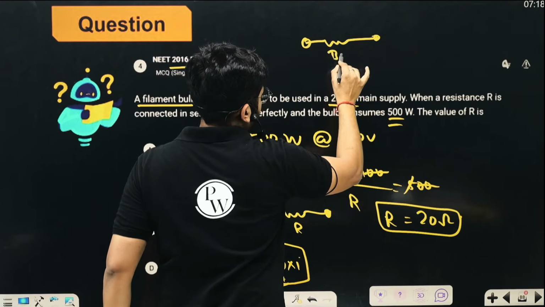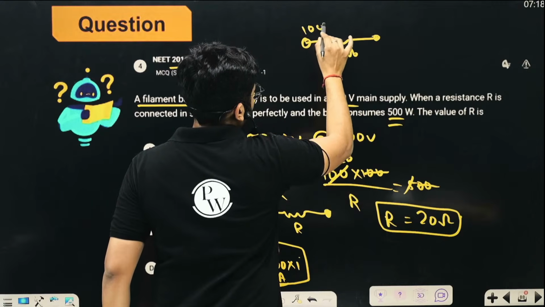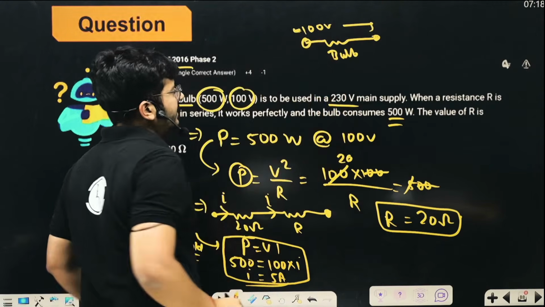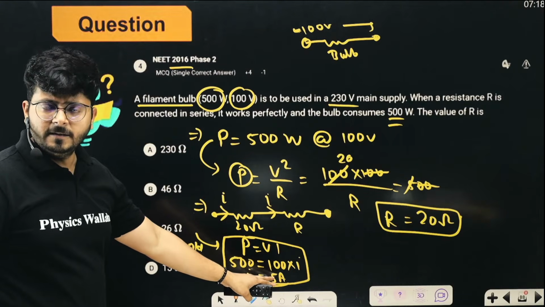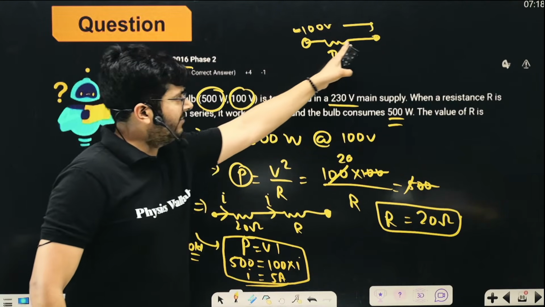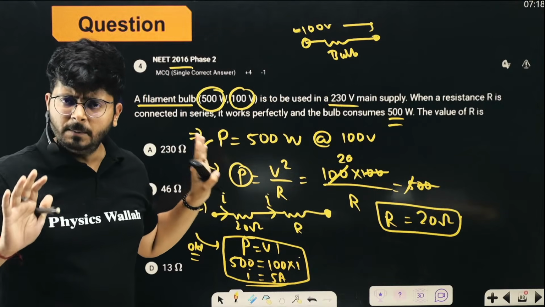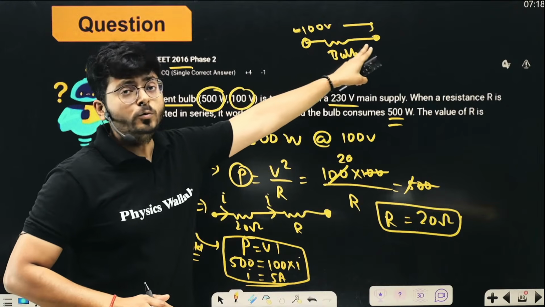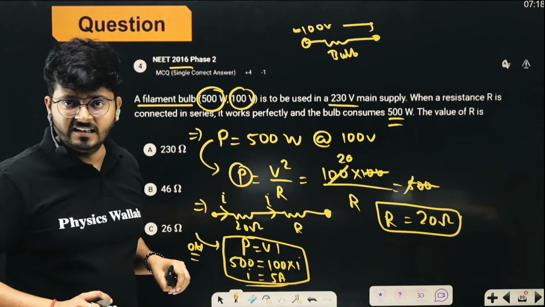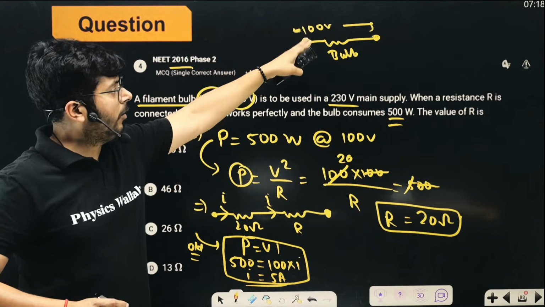When the 100 volt supply was there, it used to consume 5 ampere current, and the bulb was working perfectly. It is designed for 5 ampere. If you increase that 100 volt to 230, it will not be able to sustain that, so now we wanted to protect it.